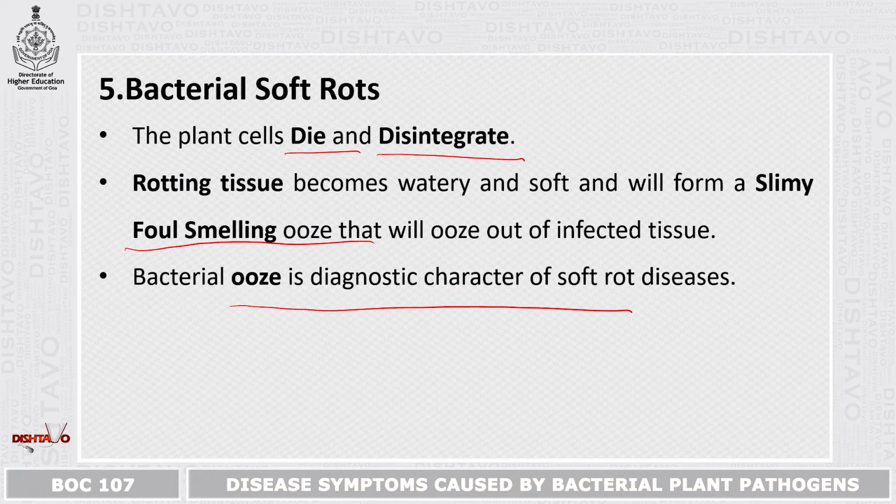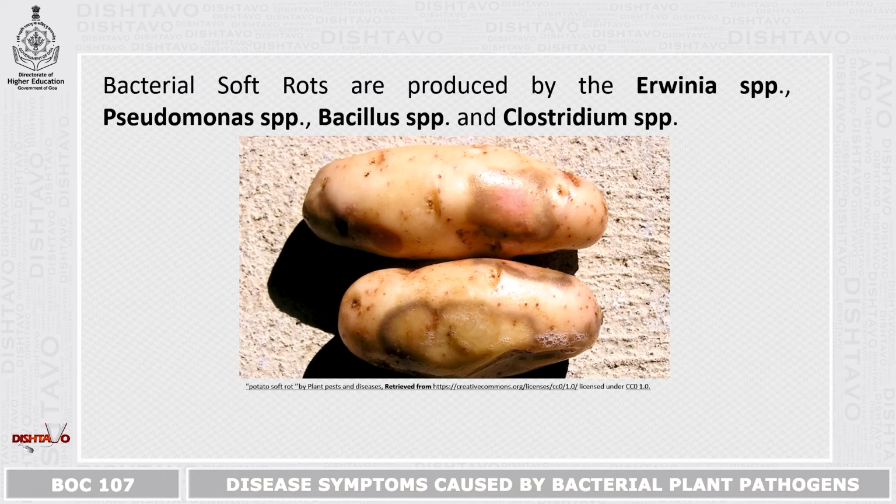So always we need to look for the oozing of the bacteria from the infected tissue. The example is bacterial soft rots which are produced by Erwinia species, Pseudomonas species, Bacillus species and Clostridium species. Here the picture is of potato soft rot which is caused by a bacterium in the potato tubers.